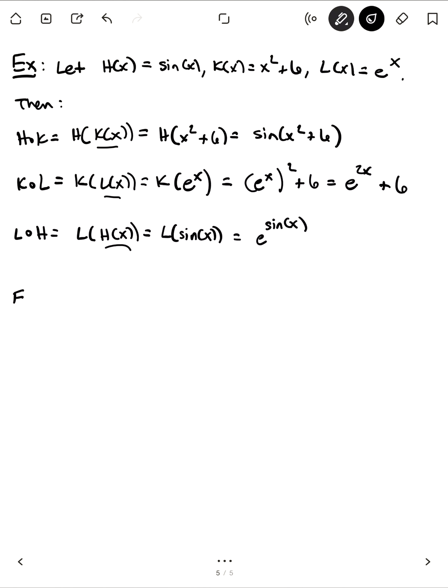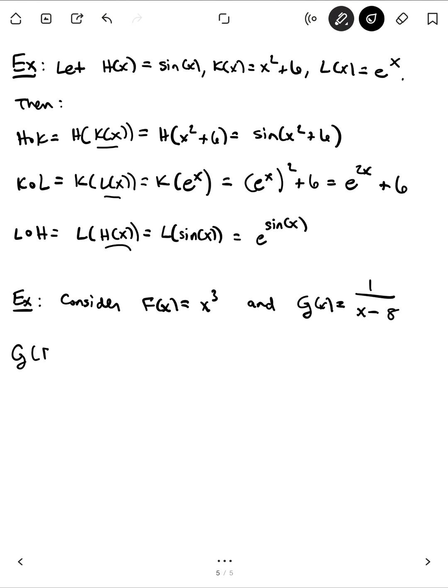So for example, consider f of x equals x cubed and g of x equals 1 over x minus 8. Then g of f of x equals 1 over x cubed minus 8.